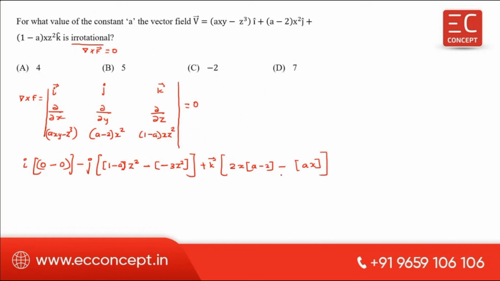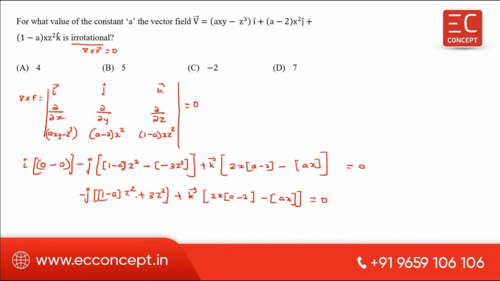Okay, now which is equal to 0, then this term is 0 minus j into 1 minus a z square plus 3 z square plus k into 2x into a minus 2 minus ax.